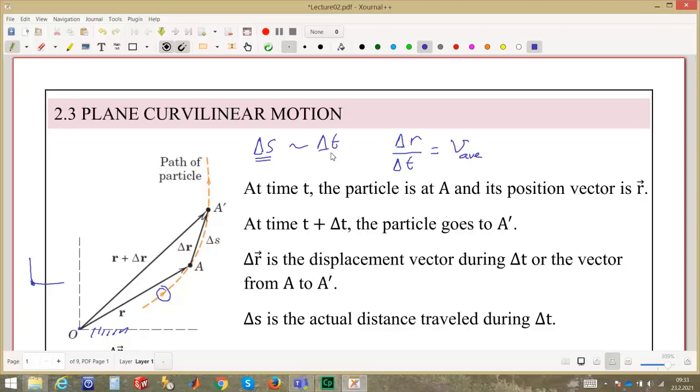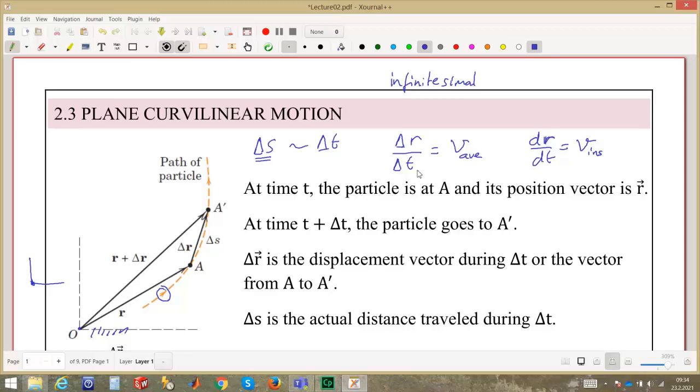However, if we can make this delta t infinitesimally small, infinitely small, then this will be written out as dr over dt, and this will be the instantaneous velocity of the particle at time t.